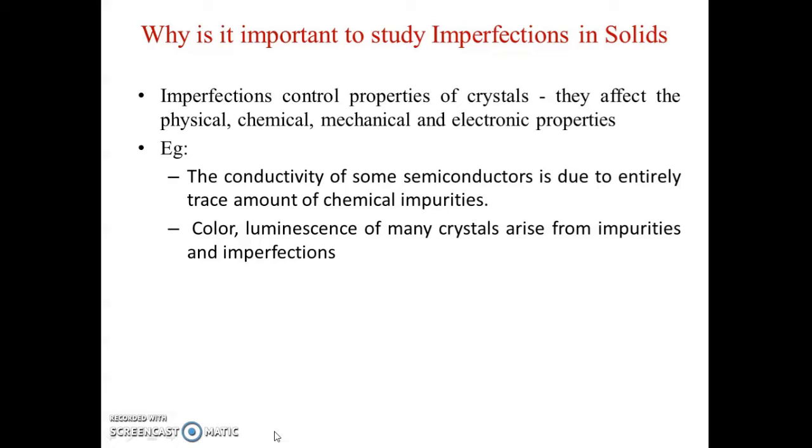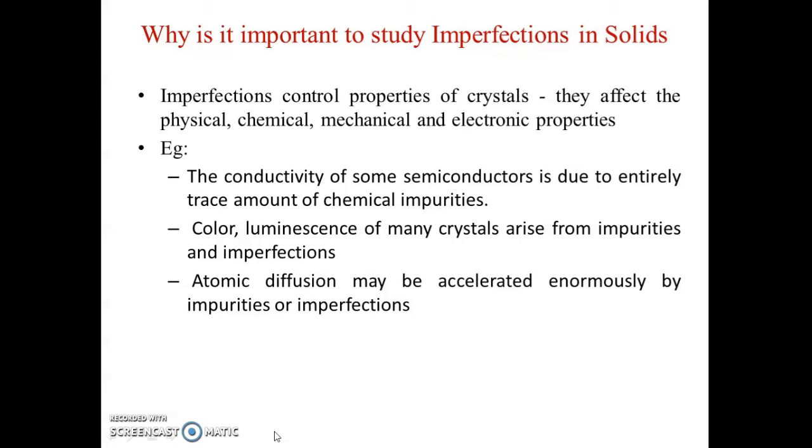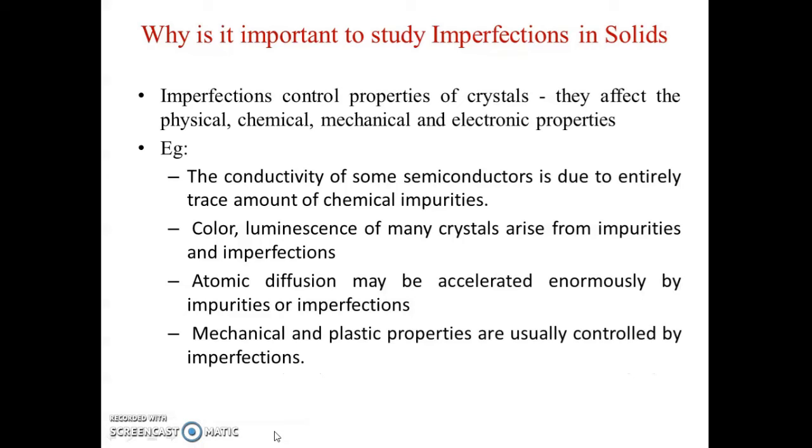Imperfections are the reason for color and luminescence of many crystals. You might have heard about F-centers, which are the reason for the pale yellow color of sodium chloride crystal when heated in the presence of sodium vapor. Impurities or imperfections accelerate atomic diffusion, especially when lattice vacancies are present. We will be discussing it later. Similarly, mechanical and plastic properties are also controlled by imperfections.